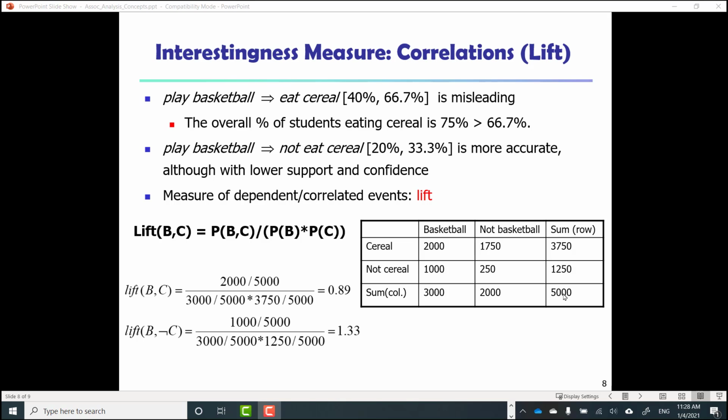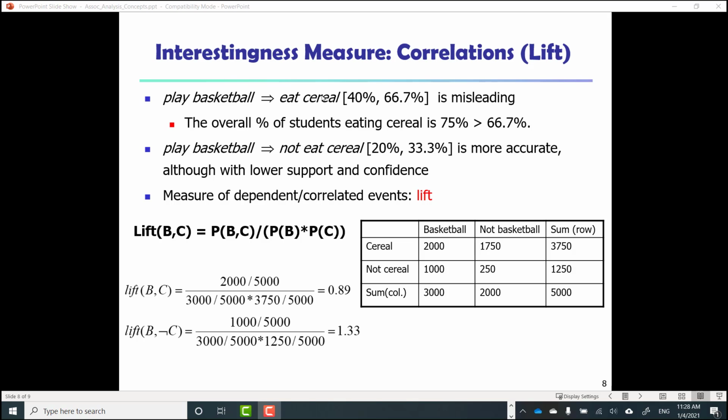Among those, there are 3,750 transactions containing cereal, and 1,250 transactions without cereal. Same thing over here: out of 5,000 transactions, 3,000 people play basketball, and 2,000 people do not play basketball. So from here, we can have some rules like play basketball, eat cereal.